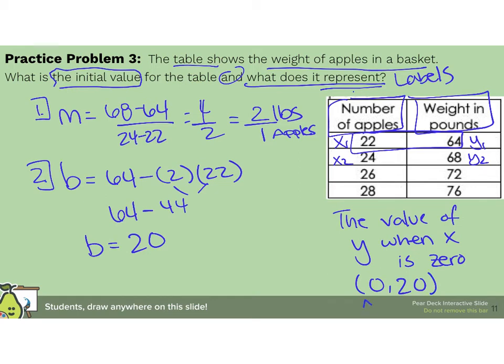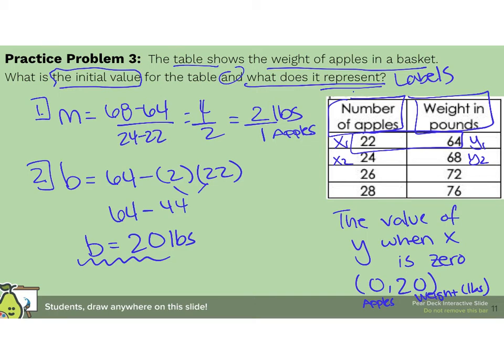X is apples, and y is weight, or pounds. So an initial value of 20 pounds means the basket weighs 20 pounds when no apples are in it.